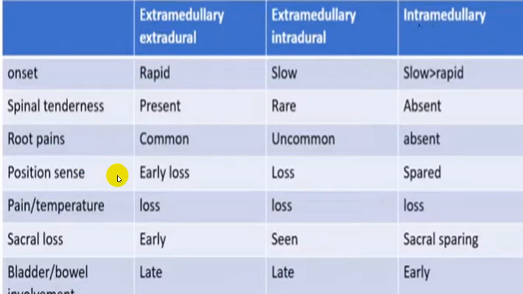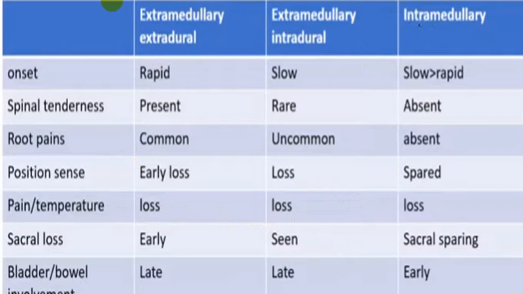Position sense will be lost earlier because of extradural compression, while in intradural lesions you can also have position sense lost, while in intramedullary lesions it is by and large always spared. Pain and temperature may be affected in all three conditions depending upon the amount of damage.